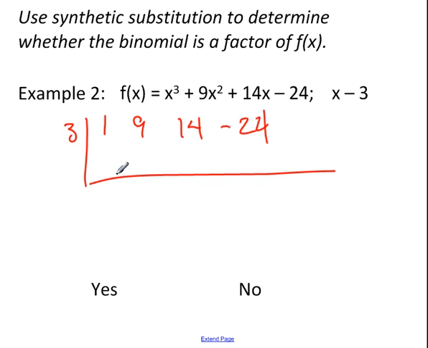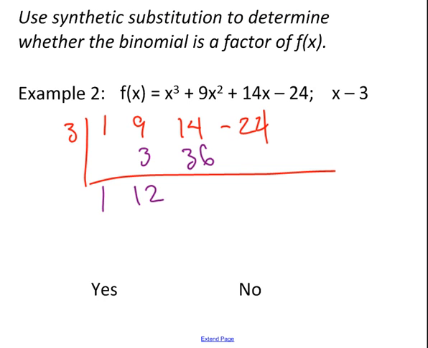So again, doing our synthetic substitution, the 1's going to come down here. 1 times 3 is 3. 9 and 3 make our 12. Times 3 again is, wait, that's, oh my goodness, what's that, 40, oh, I just messed that up big time with my 3 there. Is that 50?